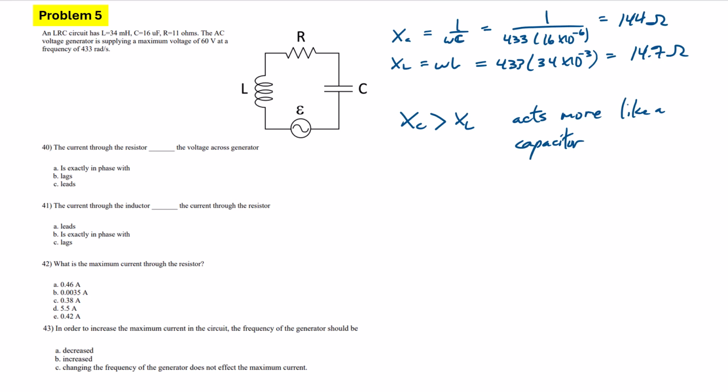So what does that mean? One thing to remember about AC circuits is this cool little trick: ELI the ICE man. This tells you what leads what in AC circuits. If it behaves more like a capacitor, I'm focusing on this part over here, and this says that for a capacitor the current is ahead of the voltage.